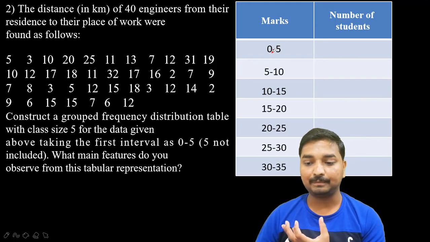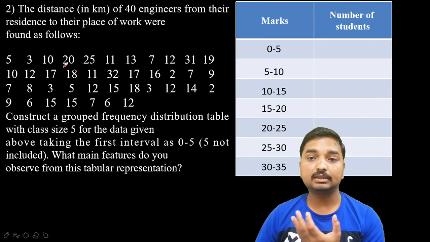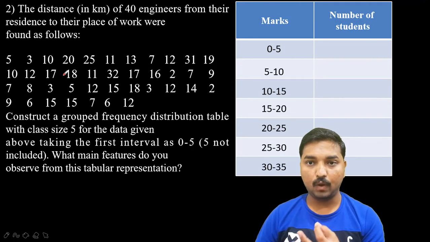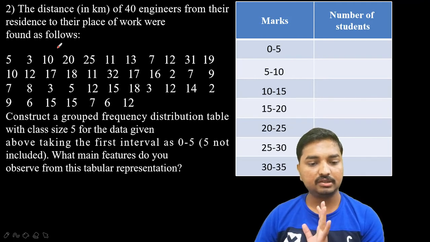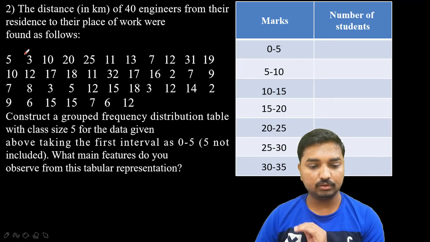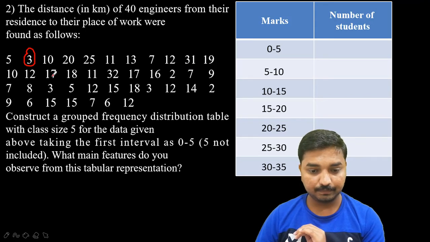First one, 0 to 5. I'm going to mark the numbers 0, 1, 2, 3, 4, but not 5, remember. Look here, 5, no, and here it is 3. I'm going to include this one, and then 4 and less, and here it is one number, 2.